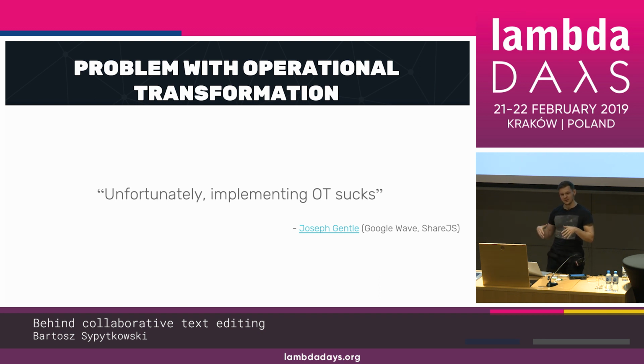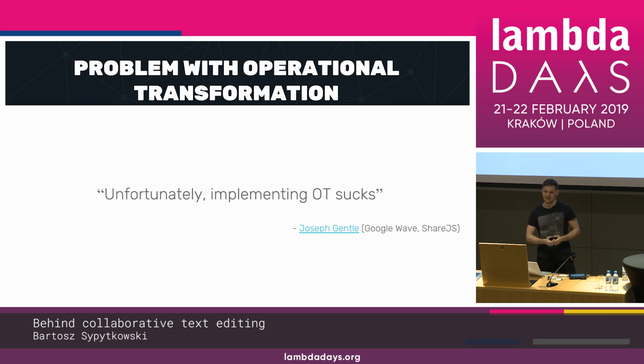Joseph Gentle is one of the people behind Google Wave, which later became Apache Wave. He's also the author of Share.js, which is a JavaScript library implementing operational transformations. And he had a very nice long comment, a whole paragraph on Hacker News, describing what problems operational transformations introduce.